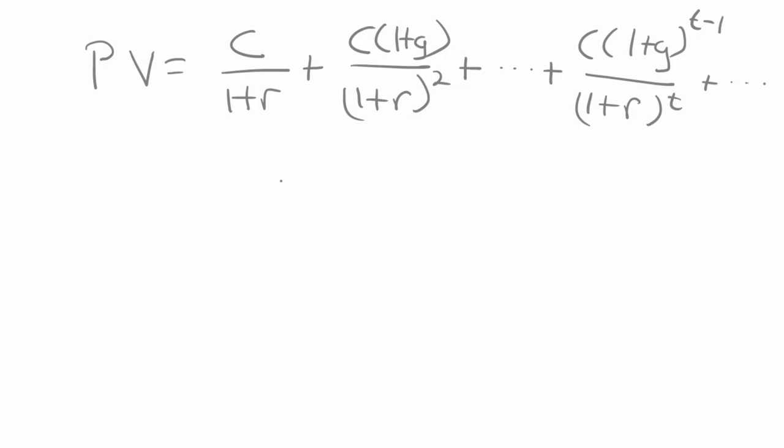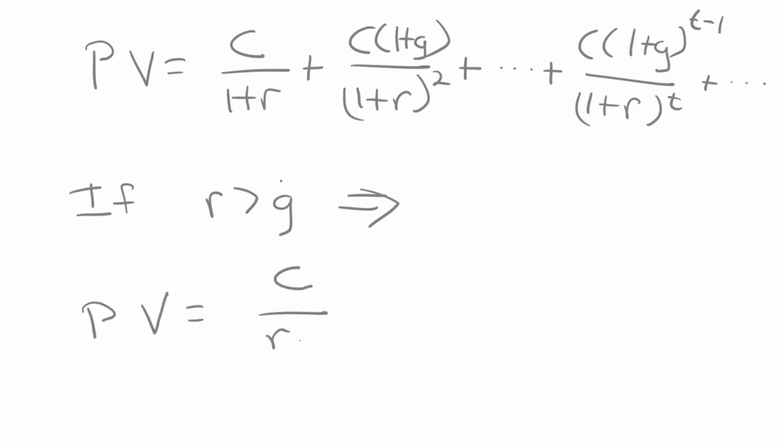For them to be decreasing exponentially, we need the condition R bigger than G. So if R is greater than G, then that formula reduces to C divided by R minus G, the growing perpetuity formula. If R is less than G, or if R is equal to G, then the formula does not exist.